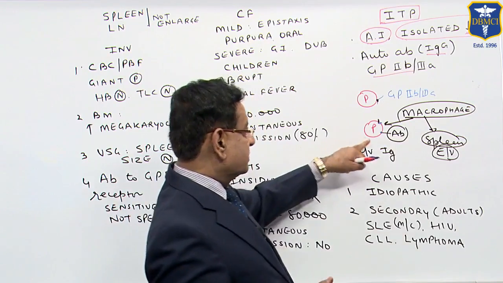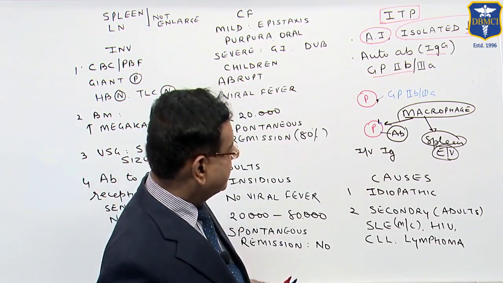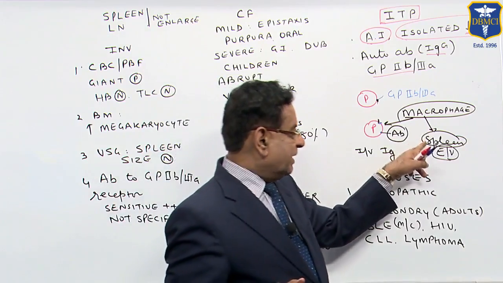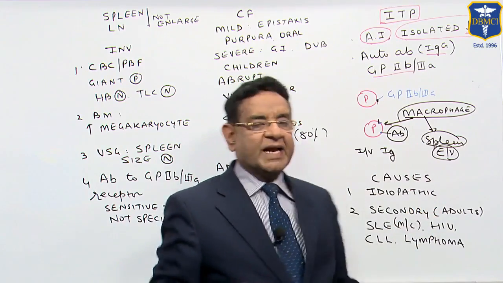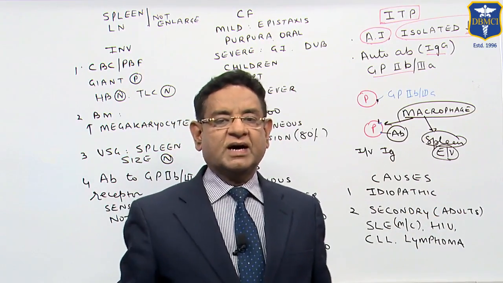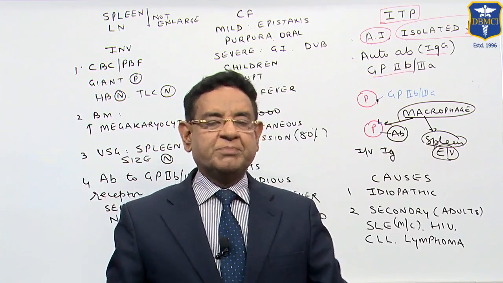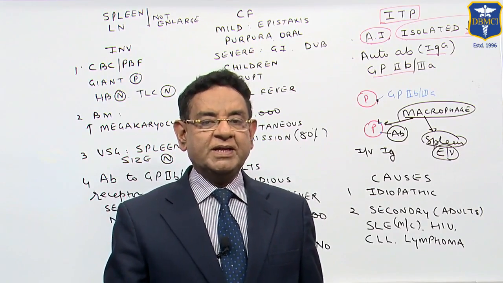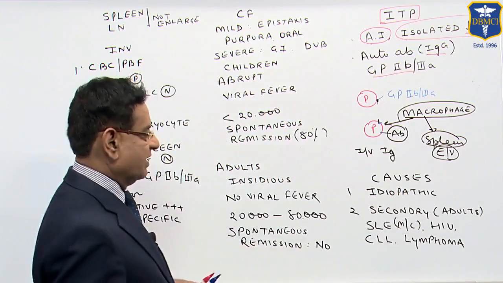That's why we use this in the treatment, which I'll talk about a little later on. Now in very advanced cases, splenectomy is done. Why? The ultimate site of destruction of these cells is the spleen. So now you know that in the treatment later on we'll be using intravenous immunoglobulin and splenectomy, what and why, and we have understood the basic fundamentals.